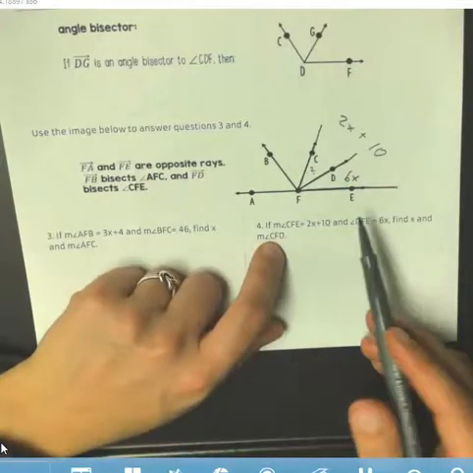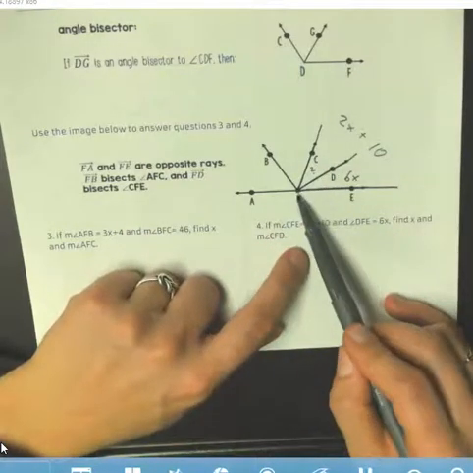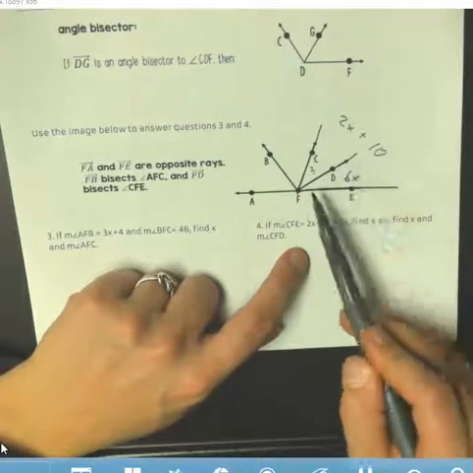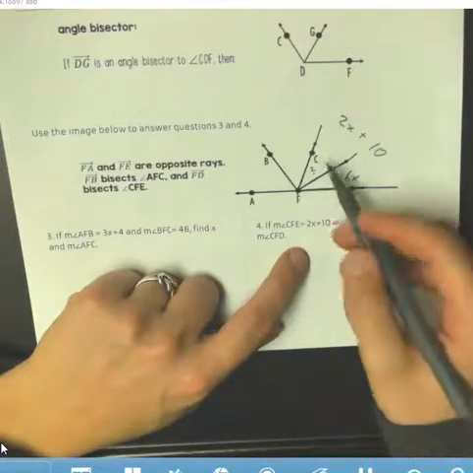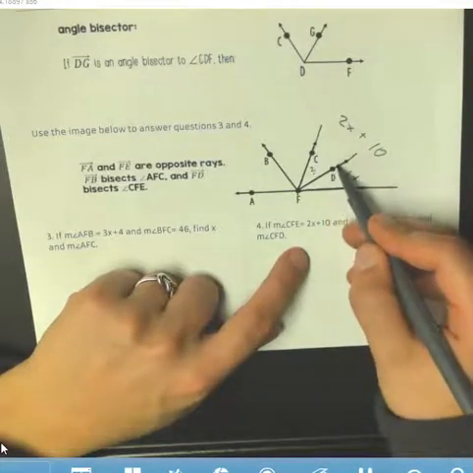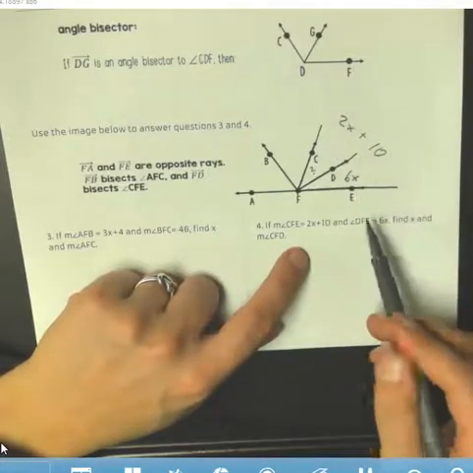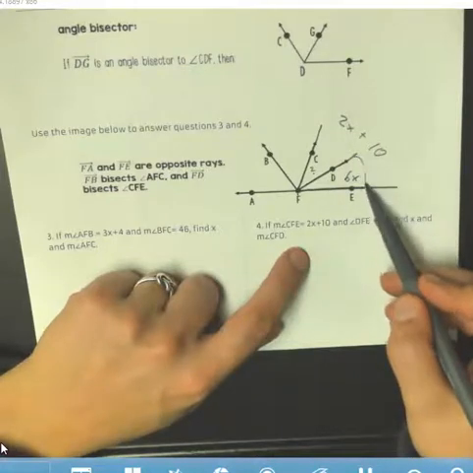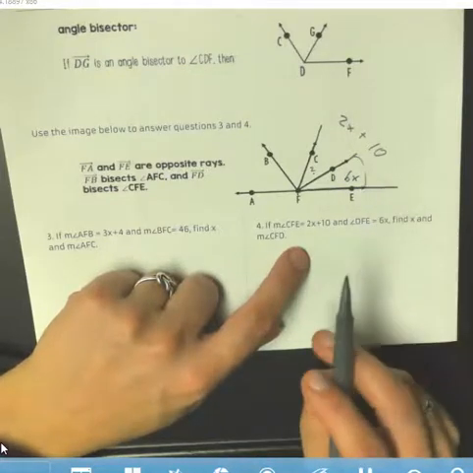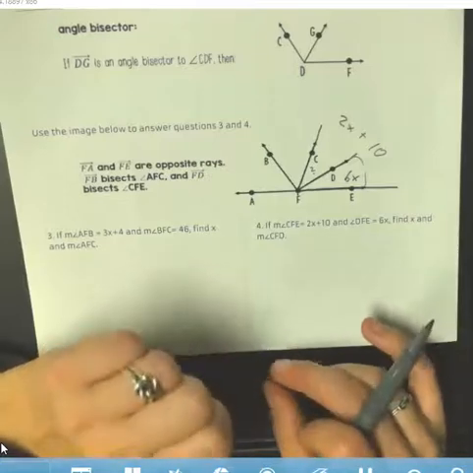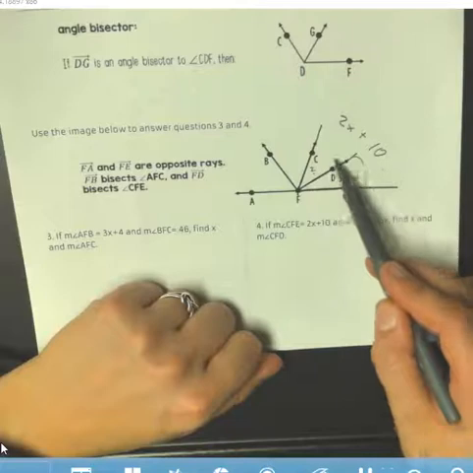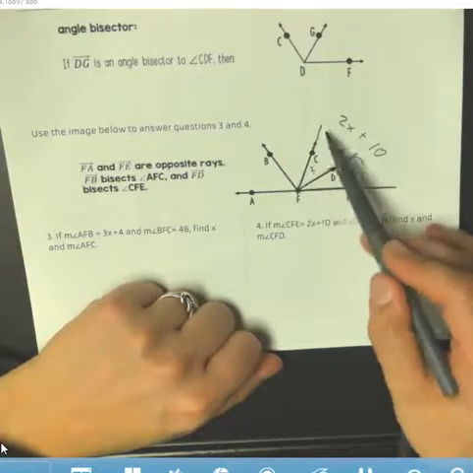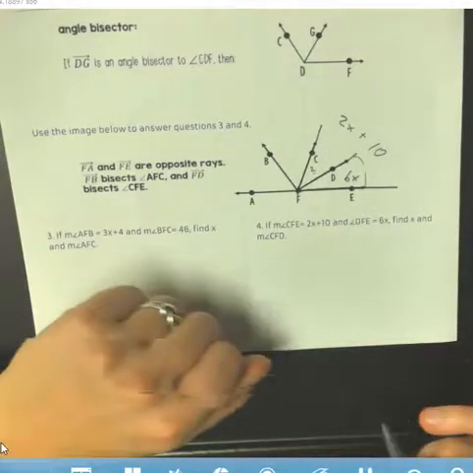Now, I remember that FD was a bisector of CFE, which means that this right here, our question mark angle, is congruent to this right here, our 6x. So once we solve for x, then 6x should be the same as our question mark angle that we're trying to solve for.